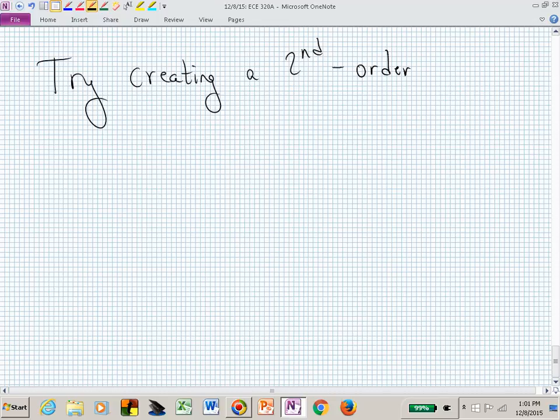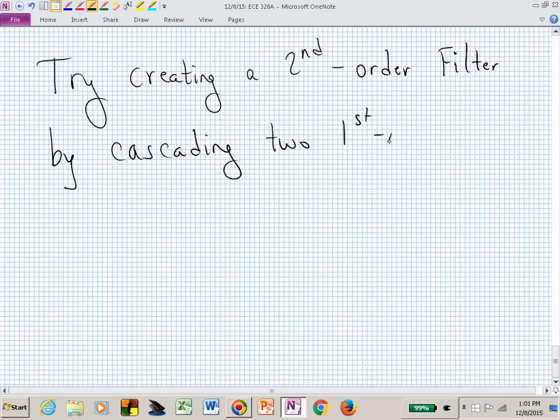Let's try creating a second order filter. We already know a first order. We create it by cascading two first order filters.